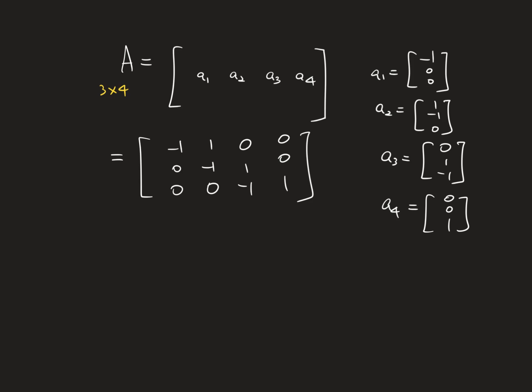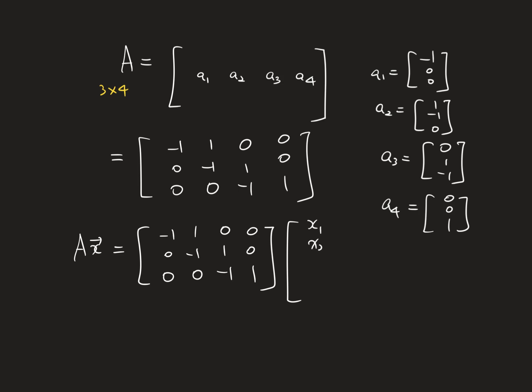And if we multiply the matrix by the x vector, with rows minus 1, 1, 0, 0, then 0, minus 1, 1, 0, then 0, 0, minus 1, 1, and the vector is x1, x2, x3, x4.